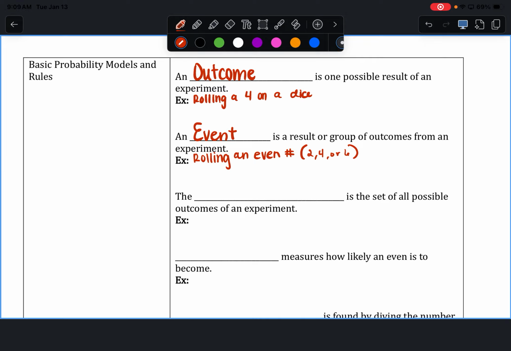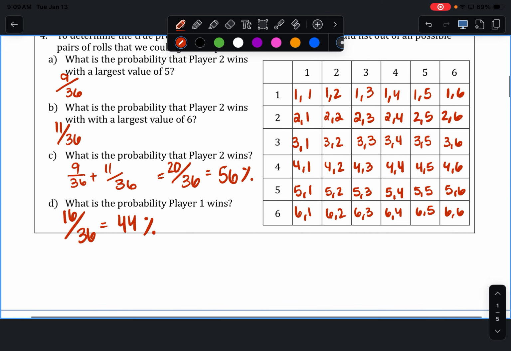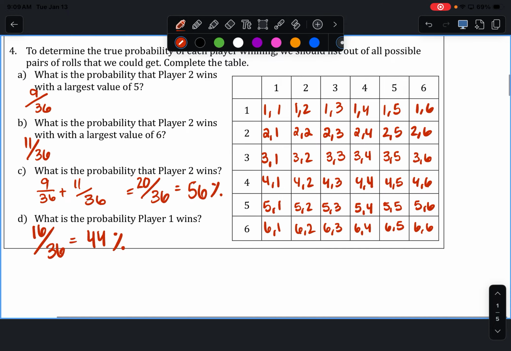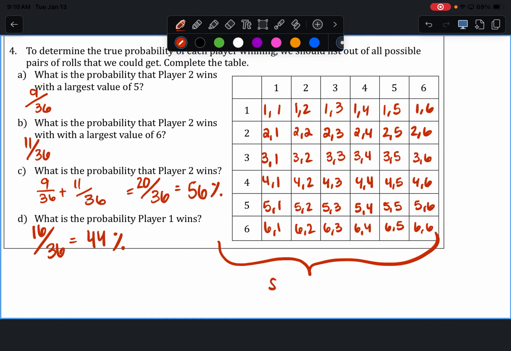the sample space is the set of all possible outcomes of an experiment. So yesterday we actually created a sample space. If we look back at this page here, when we did this for all the possible combinations of rolling 2 dice, we created a sample space.